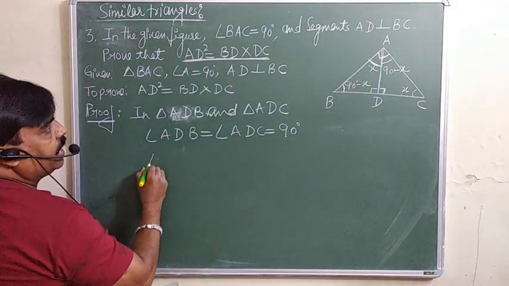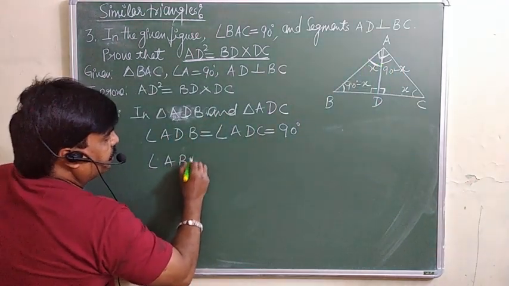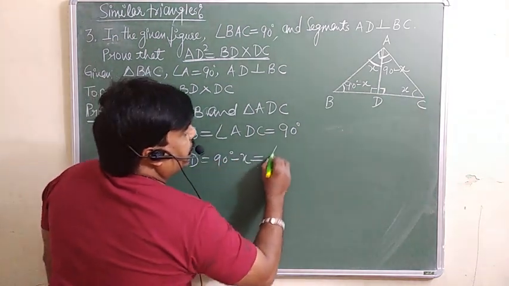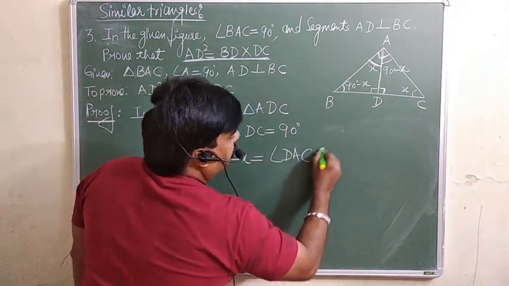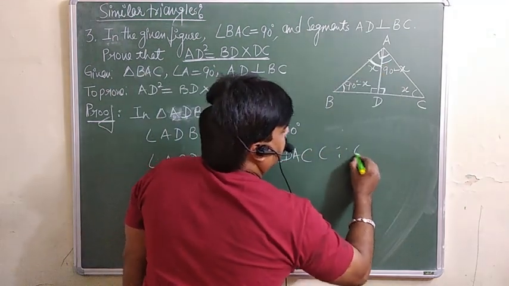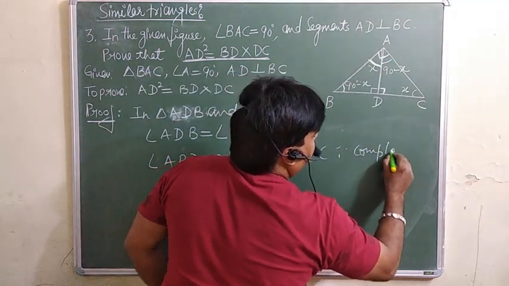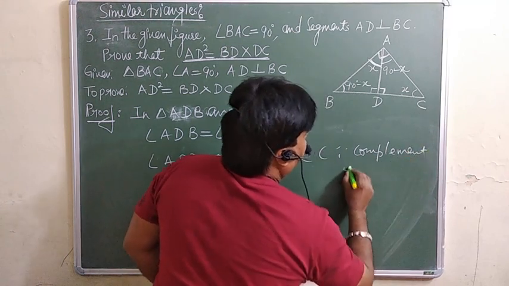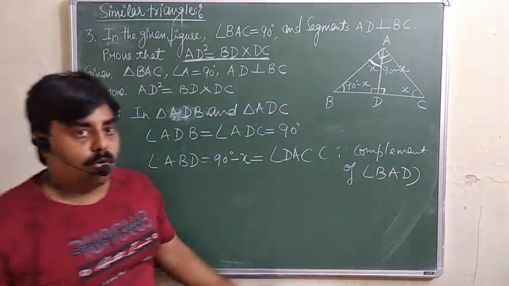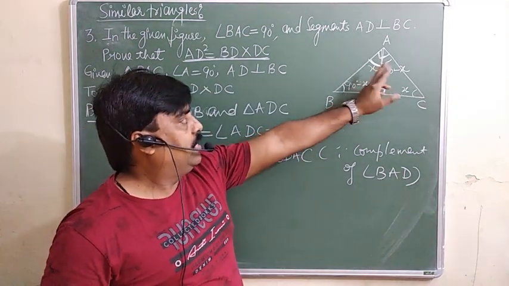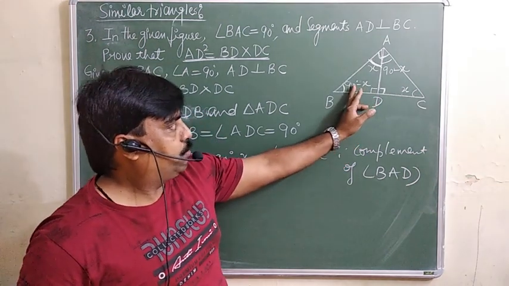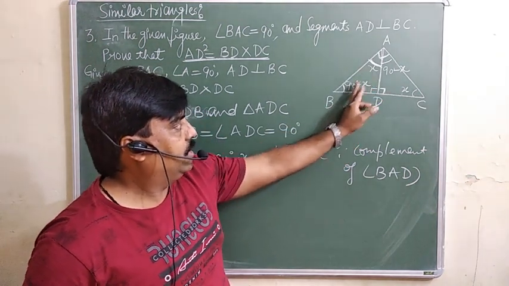You can say angle ABD is equal to 90 minus X is equal to angle BAC, and they are the complement of angle BAD, because the sum of these two is 90 and the sum of this one is 90.